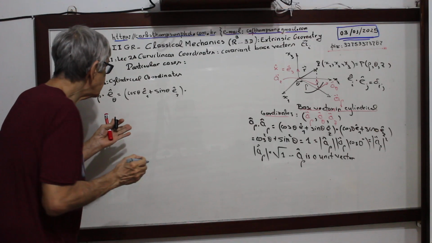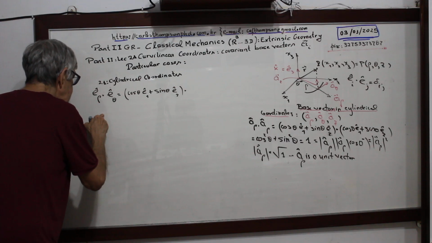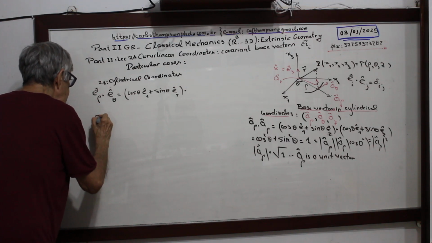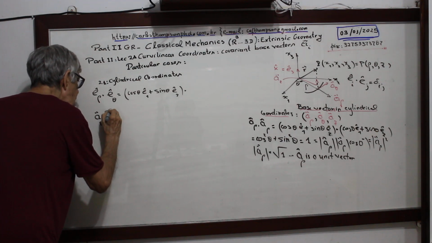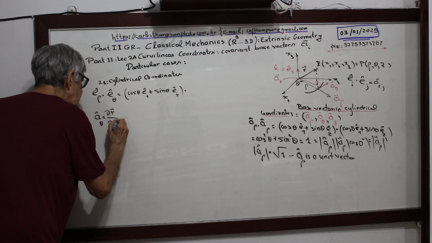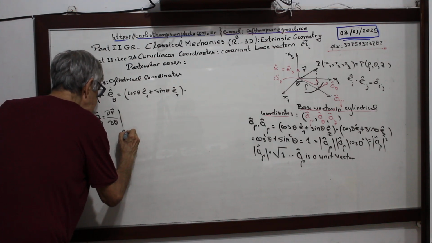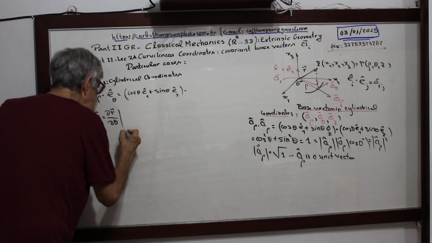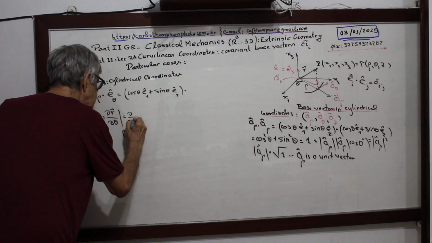See, but I can derive it here. Why? Because A theta is defined as the partial of R with respect to theta, maintaining rho and Z constant. So this will be partial theta.